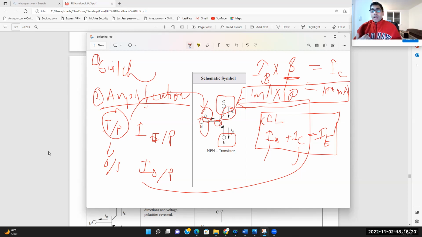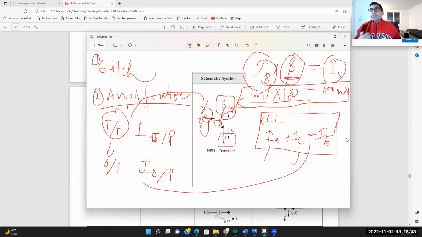By what magnitude my input current is magnified is represented by beta. Whenever I multiply my input current by a factor of beta, I get my output collector current. And my emitter current, applying KCL, is the sum of my two currents: IB plus IC equals IE.